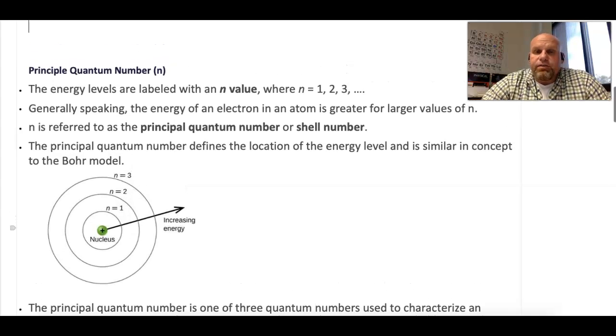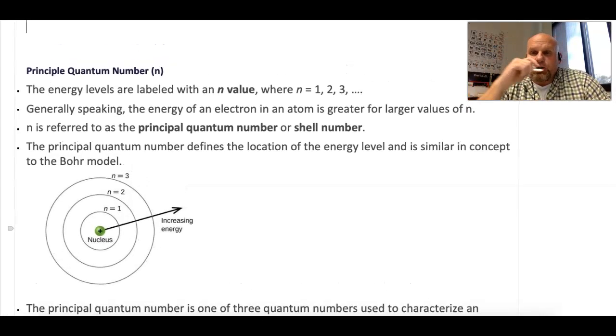Generally speaking, the energy of an electron is greater for larger values of n. So as you can see in the diagram here, n equals 1 would be closest to the nucleus, and as I move out away from the nucleus, n equals 2, 3, 4, and so forth. So n is the principal quantum number, and we identify it with those integers 1, 2, 3, 4, and so forth.